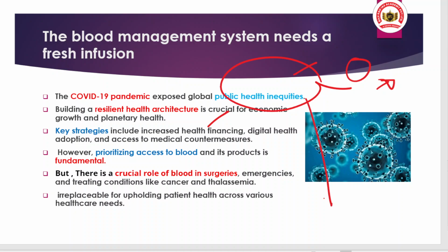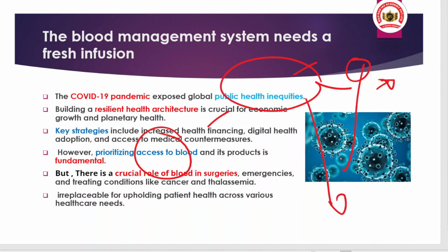But here comes a very important part, that is blood accessibility. We need to prioritize the accessibility of blood, because if there is any sort of blood crisis in the patient, in the hospital, their life becomes very risky, and to protect that, there is a need to have blood availability.